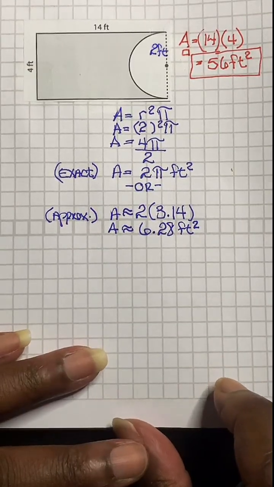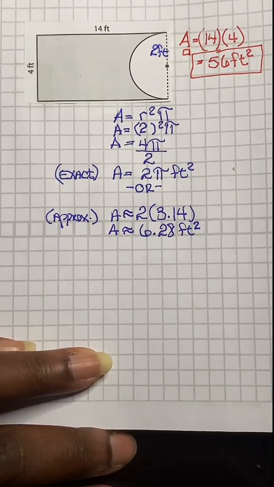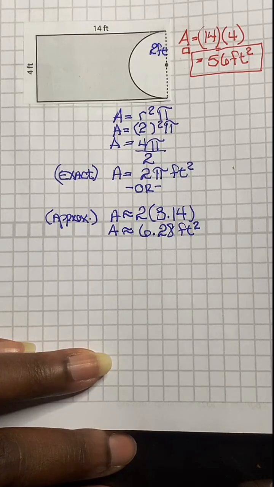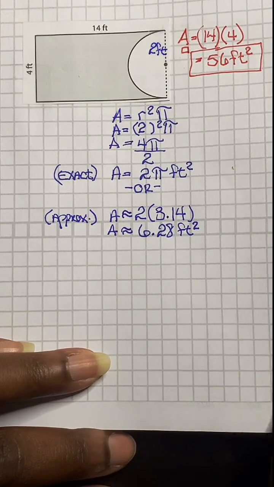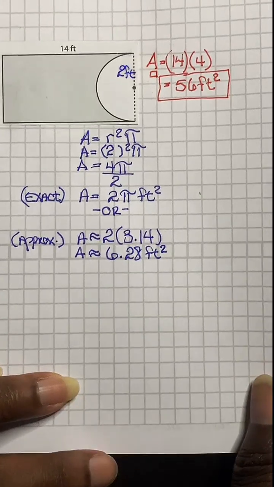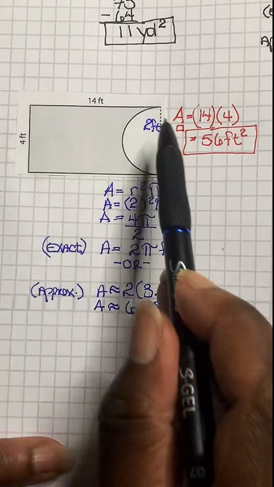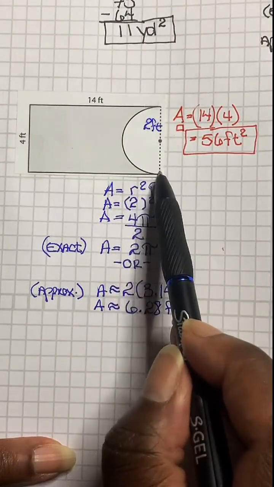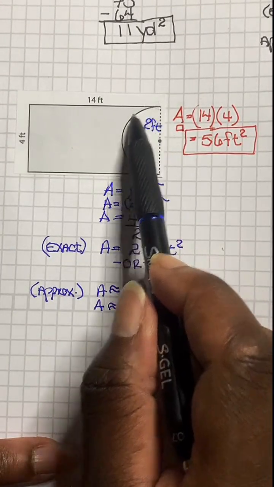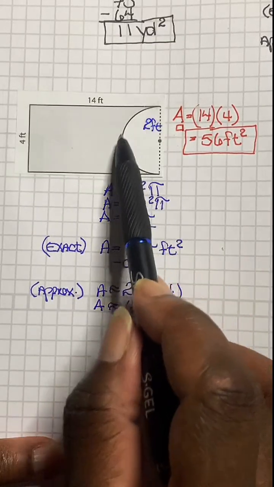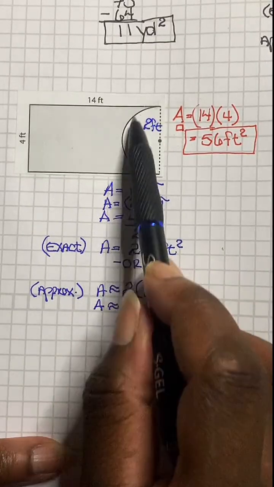Because this is not our final answer. If we take a look at the original shape, this semicircle is a chunk. Think about people baking sheet cakes who want to do a design, but they need to cut this part out.